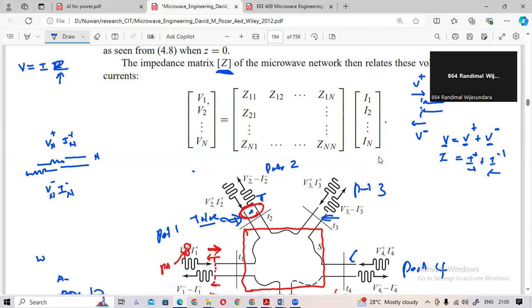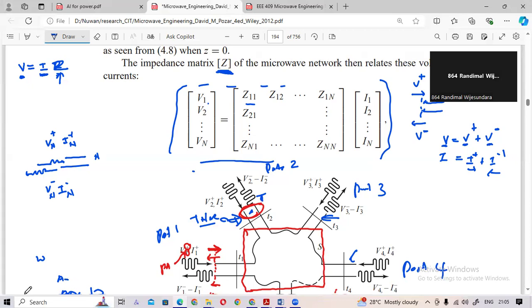So you need to write V. If you know V, if you know I, you can find the Z. Okay. So these voltages and the currents and the impedance values can be written using a matrix form. Okay, this is the matrix form. Okay, so we will see it.